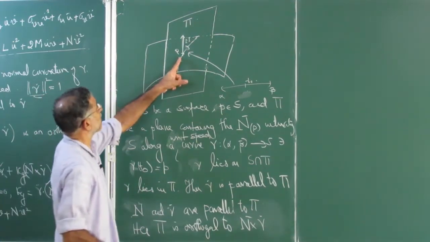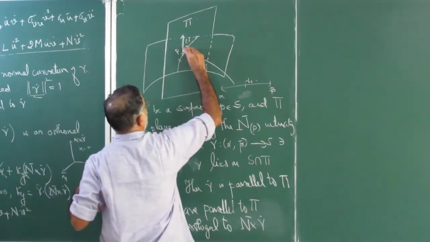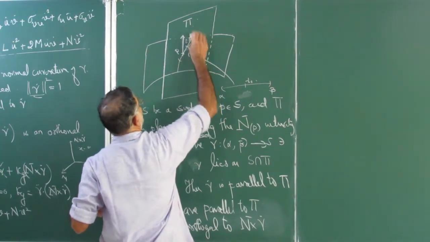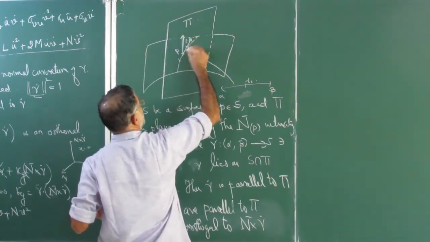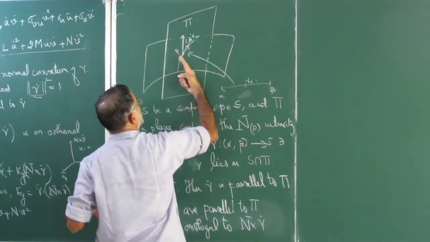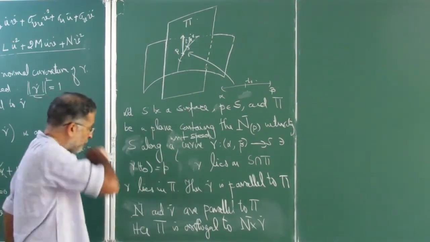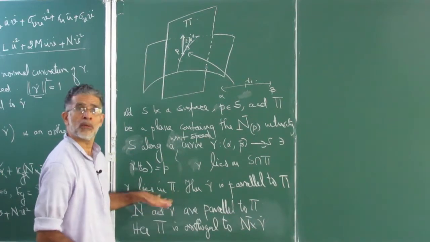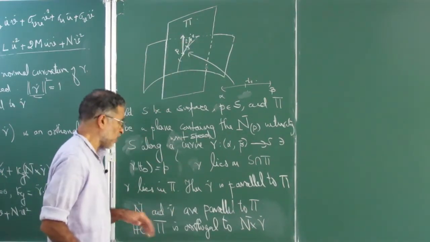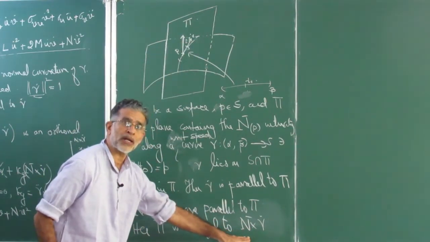But this plane contains the tangent vector because gamma is in the plane, so gamma dot will certainly be in the plane. The normal is already in the plane. So both these are parallel to the plane. So therefore, it will be orthogonal to this.